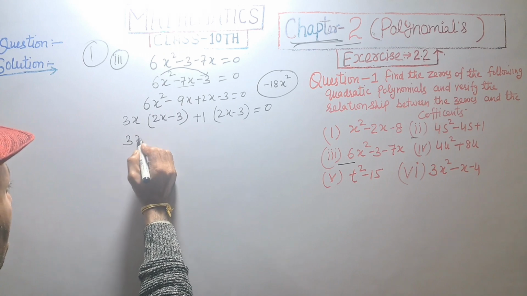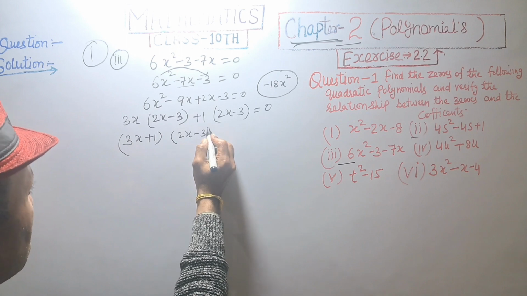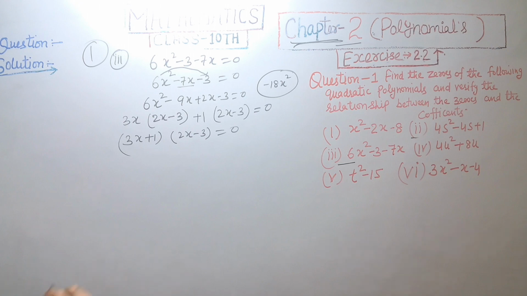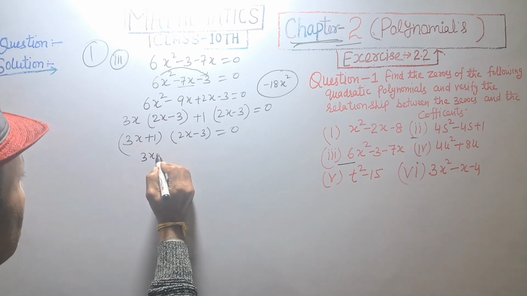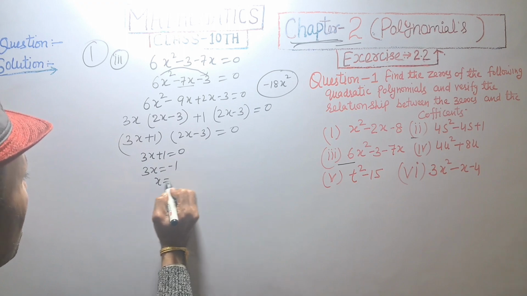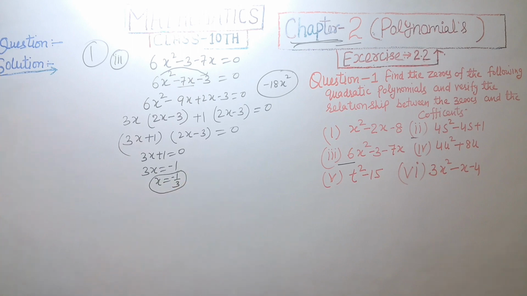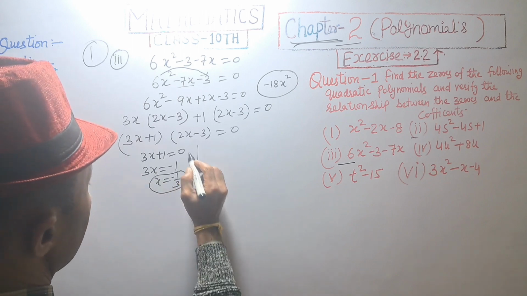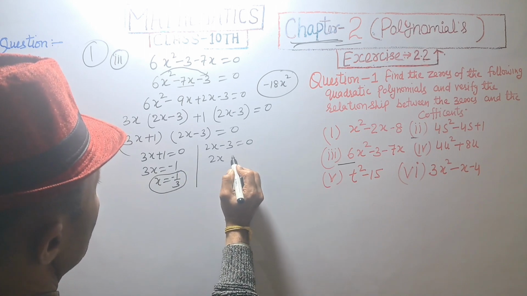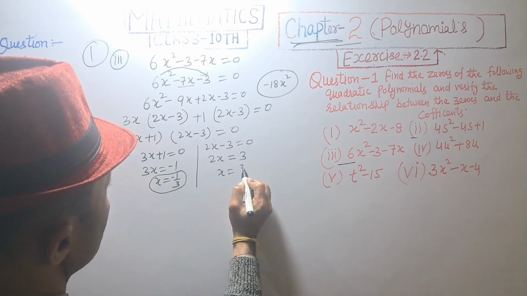So 3x plus 1 and 2x minus 3 equal to 0. 3x plus 1 equal to 0, 3x equal to minus 1 and x equal to minus 1 upon 3. And 2x minus 3 is equal to 0. Shifting 3 to the right side, it becomes positive, 2x is equal to 3, and x is equal to 3 divided by 2.